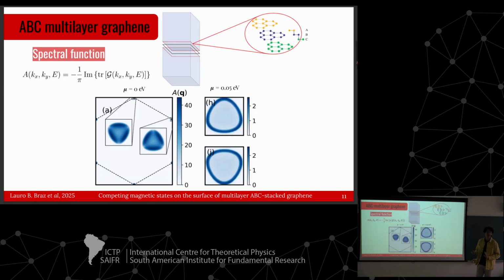What you're seeing here is the spectral function, basically the probability of finding an electron as a function of momentum kx and ky. And what you see is exactly the flat band at charge neutrality at the K and K prime points. Away from charge neutrality, there is only a metallic dispersion.